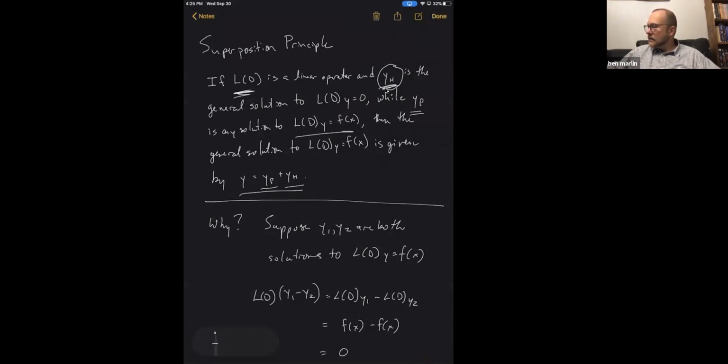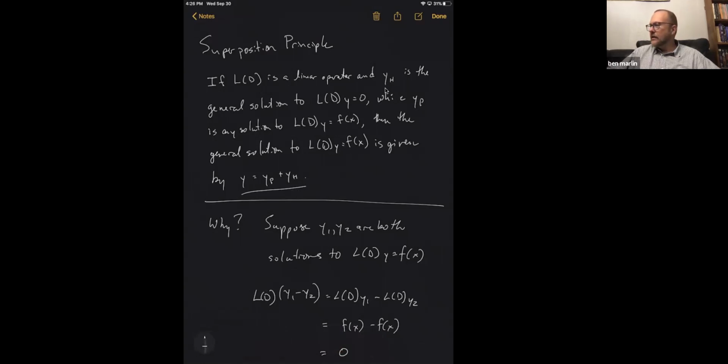And then you can talk about also dealing with non-homogeneous differential equations, and the way you're going to tackle that is to find at least one solution, y sub p, for the non-homogeneous linear differential equation, and then you're going to formulate your general solution for that, for the non-homogeneous differential equation, by adding the particular solution and the general solution to the homogeneous case.